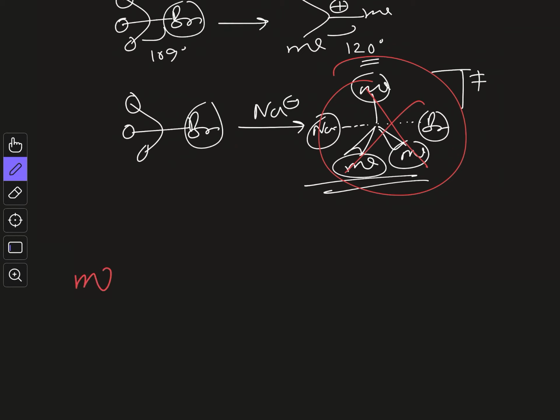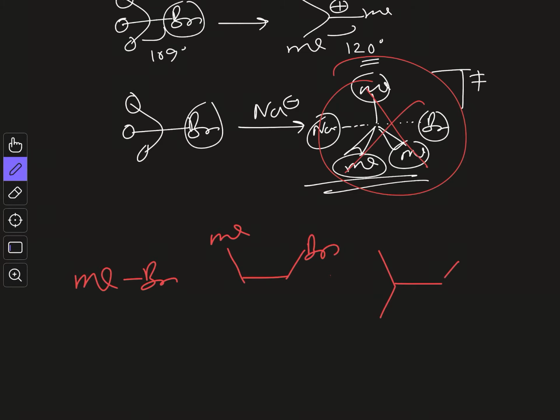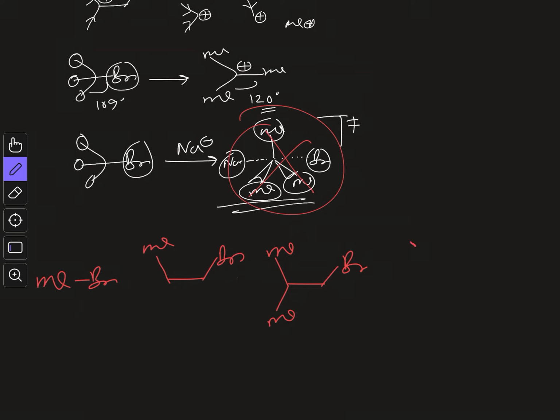So let's say we take methyl bromide, then we take this one where we increase crowding, that is ethyl bromide, then this one, that is propyl bromide, and then we take a substrate like this one. So we put two methyl groups at the beta position, and then we take another group, that is the neopentyl group, like this.